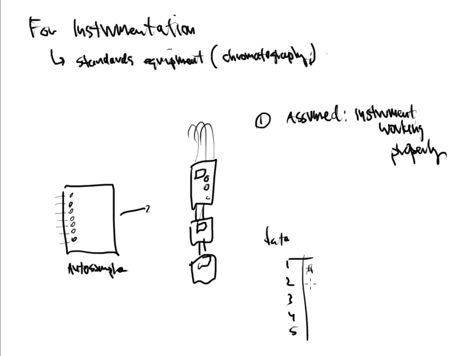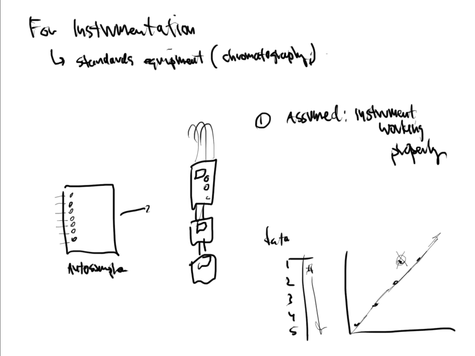And I have the areas associated with each one of them. And I do a calibration curve. But let's say it looks like this. And I go, uh-oh, I messed up on standard number 4. I need to leave that one out.